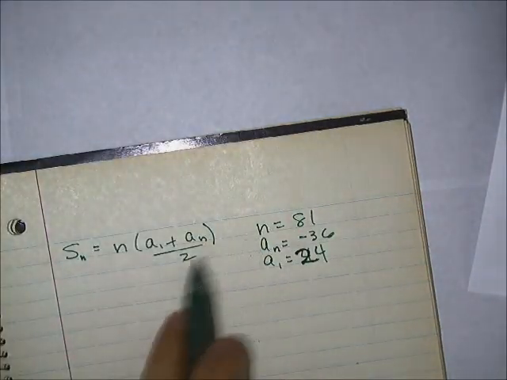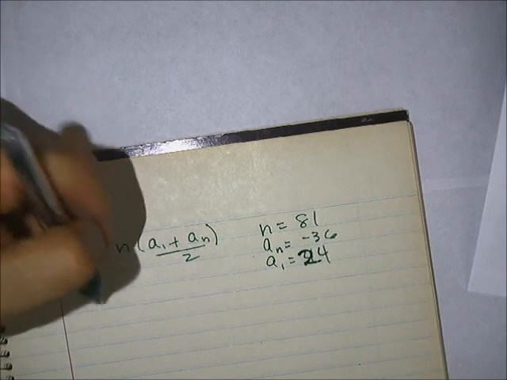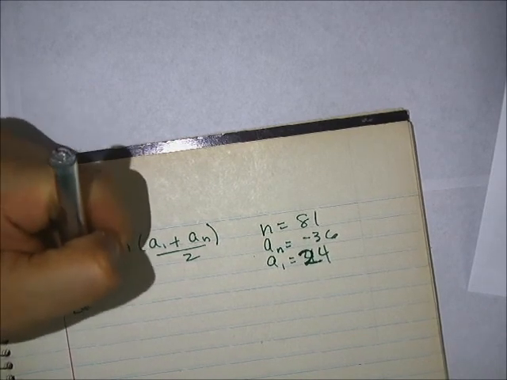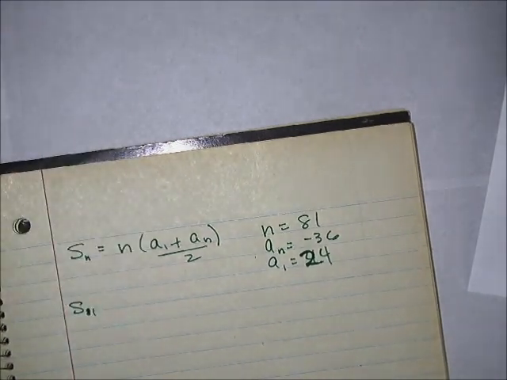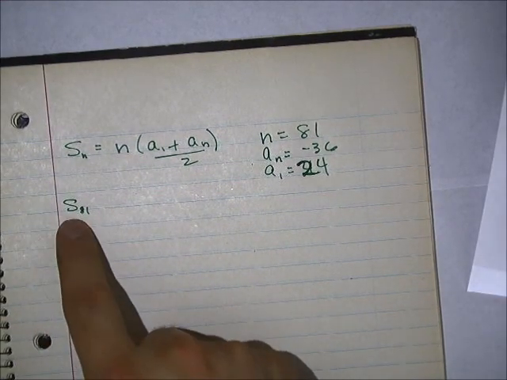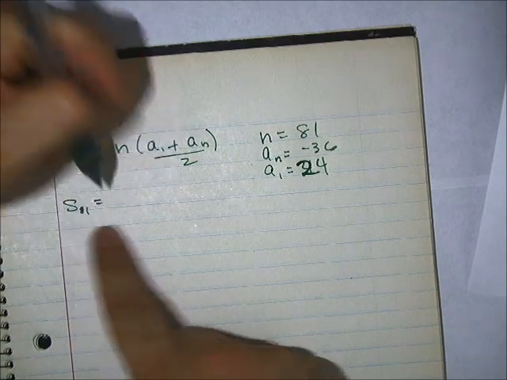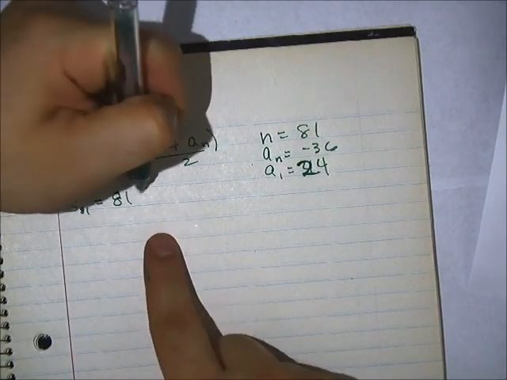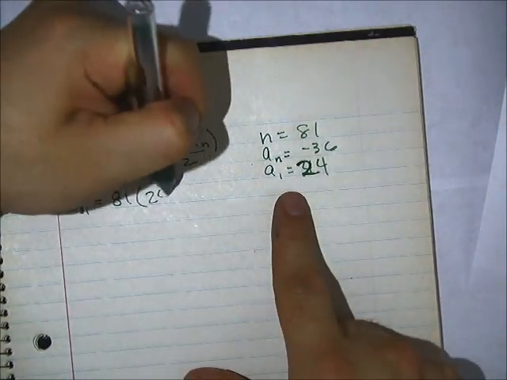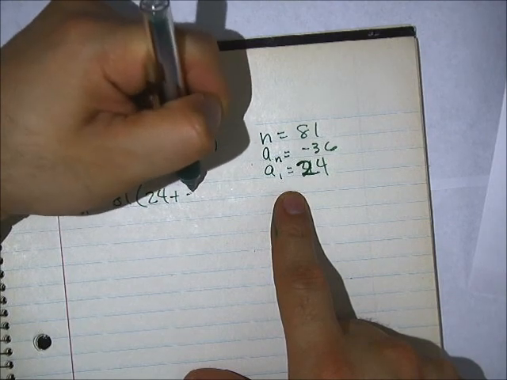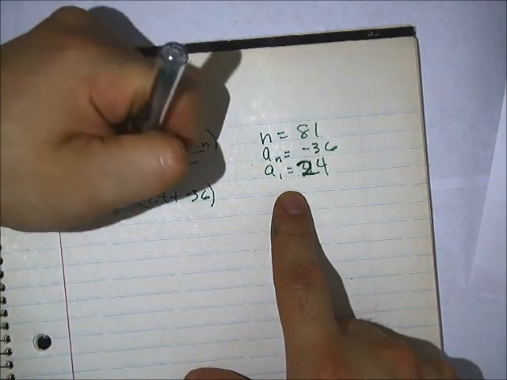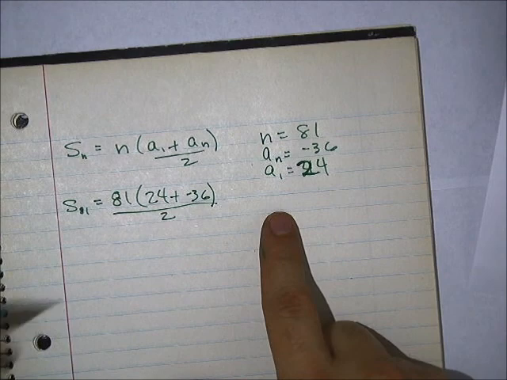So I have all of the pieces to my equation, so I can say that the sum of the first 81 terms is equal to 81 times (24 plus negative 36) divided by 2.